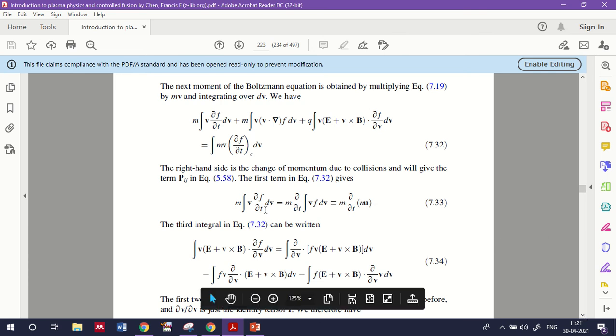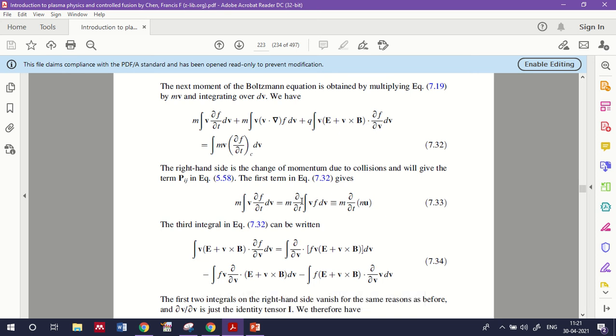We have taken the dou by dou t outside, and the integral v f dv, which we earlier denoted as n v bar, or we can treat it as nu. So the corresponding equation becomes m dou by dou t of nu.